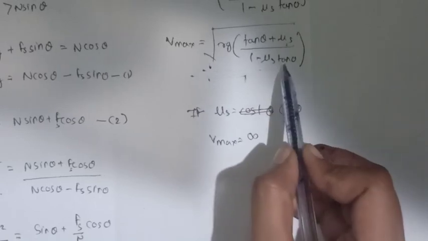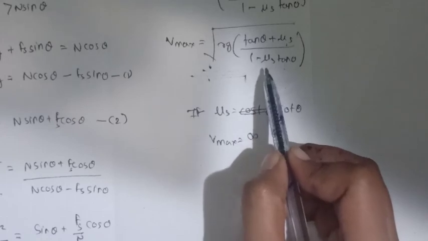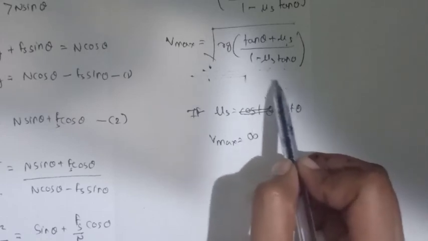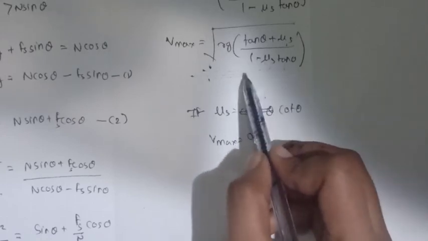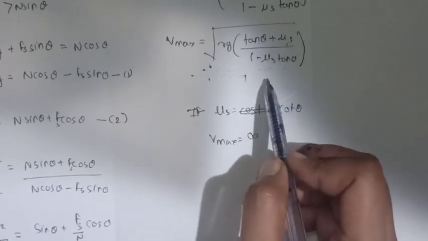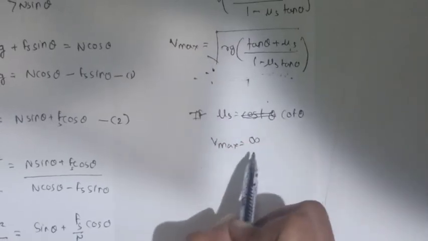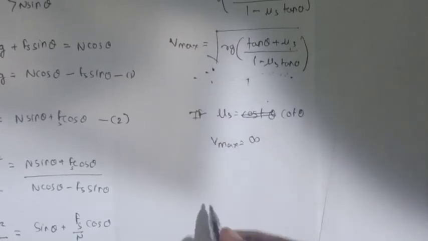How? Tan theta is sine upon cos, mu s is cos upon sine, so cos and sine will cancel, 1 minus 1 will be 0, and anything divided by 0 is infinity. So you will get v max equals infinity.